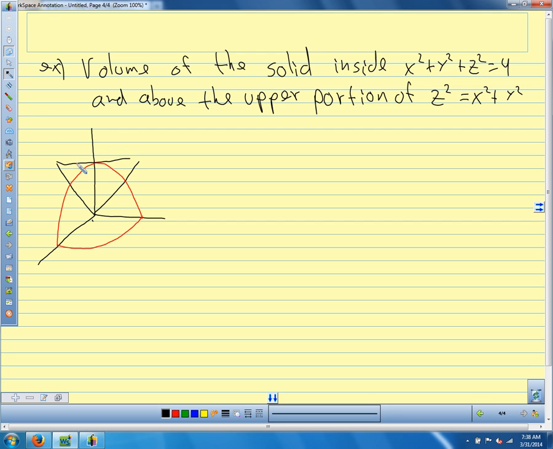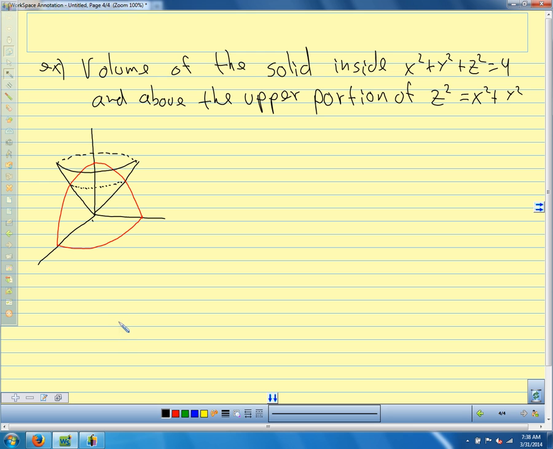Let me undo that, do a little better here. So there's our cone. So we want the part that's inside the sphere and above the cone. So the sphere and the cone are going to intersect here, like so. And we want the volume of the sphere that's inside the cone there.